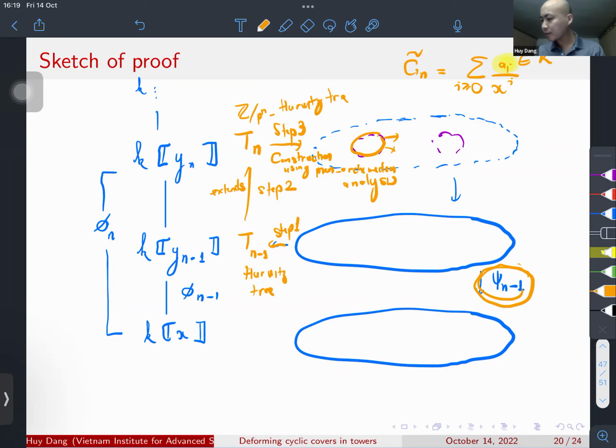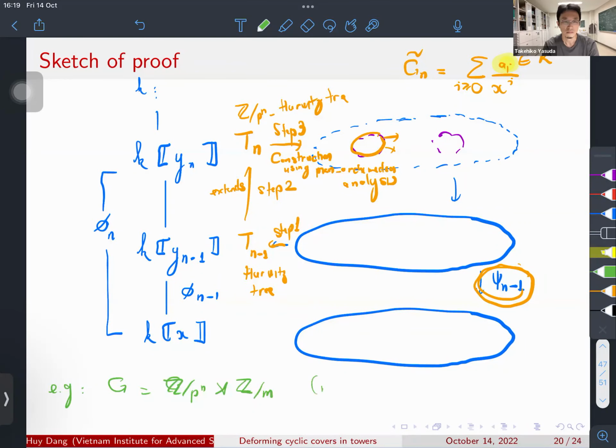Maybe I should write down, for instance, if the group, instead of a cyclic group, is Z mod p^n, a very simple one, a semi-direct product with Z mod m, where m is prime to p, for this case first, then you need more.